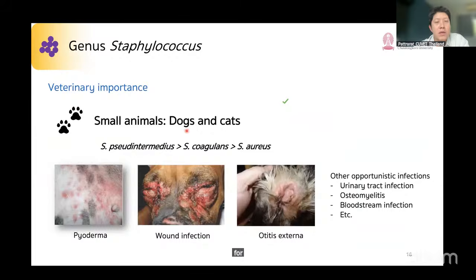For small animals, in dogs and cats, Staph intermedius is the most common species, followed by coagulans and aureus.